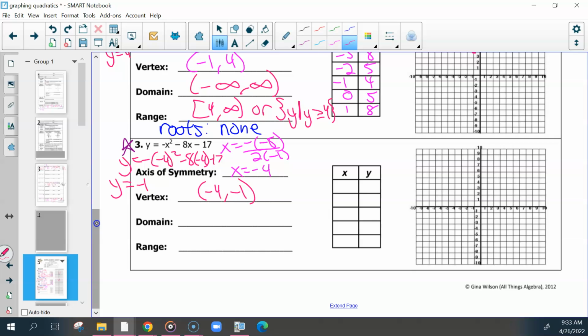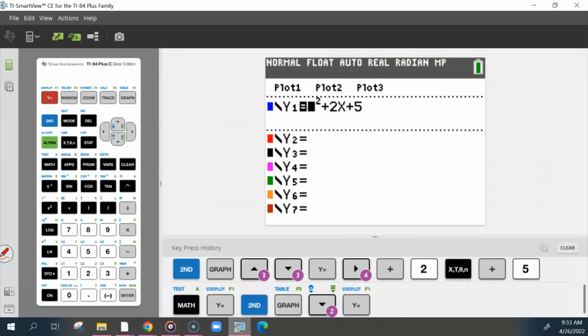So we are doing this part by hand, but if you didn't do this part by hand, if you put this in your calculator and look for where your values start to repeat themselves, you could find the vertex without doing the work. I'll show you guys in a second. Negative x minus x, minus, everything's negative.